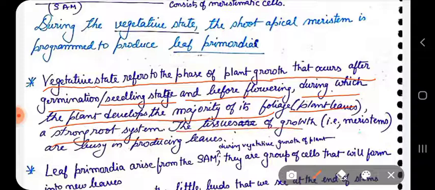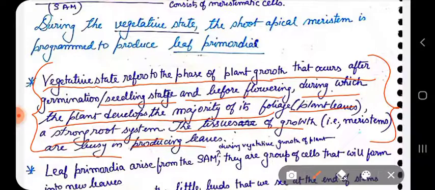The tissues of growth, that is the meristem, are busy producing leaves. So the vegetative stage is where plants are growing their leaves, a strong root system and a strong vascular system, and they are busy producing leaves.